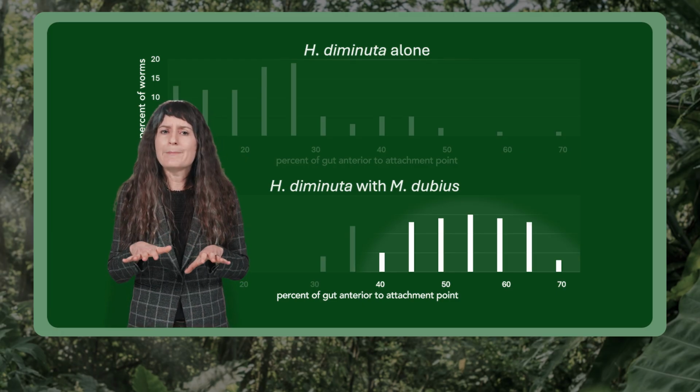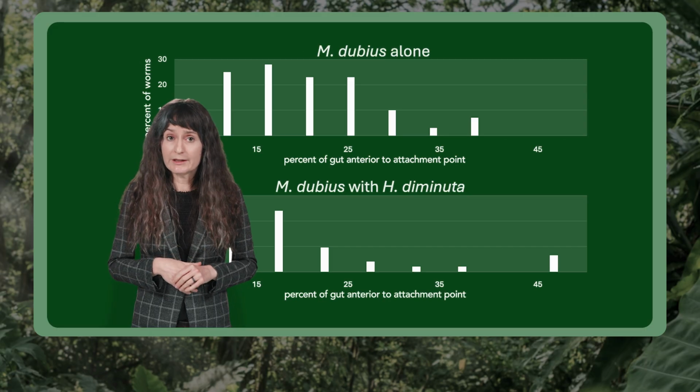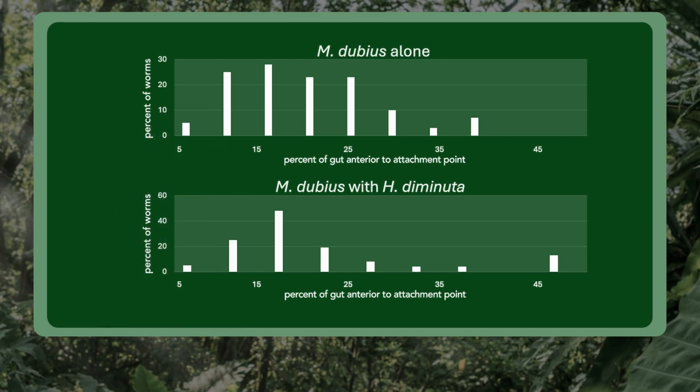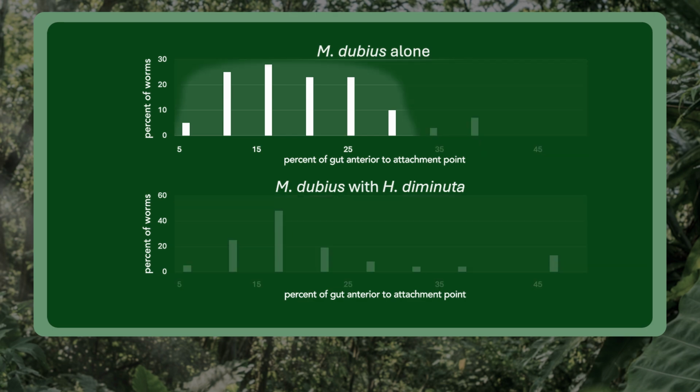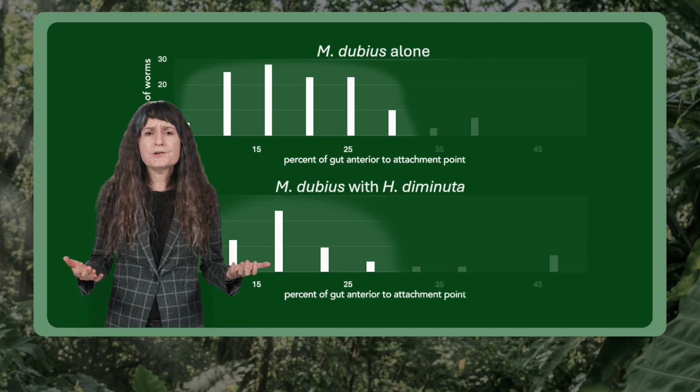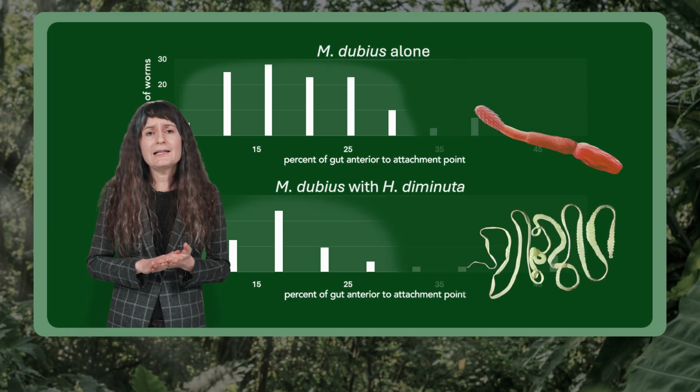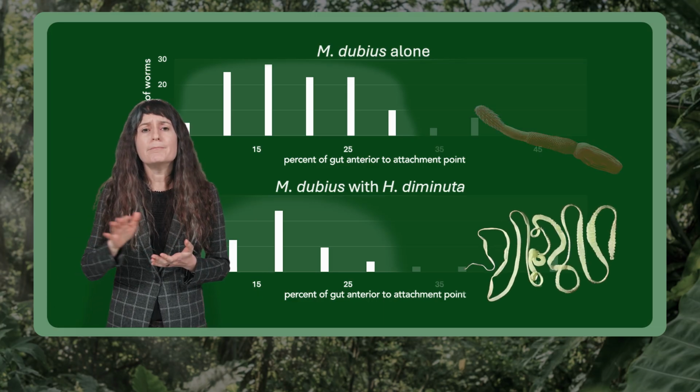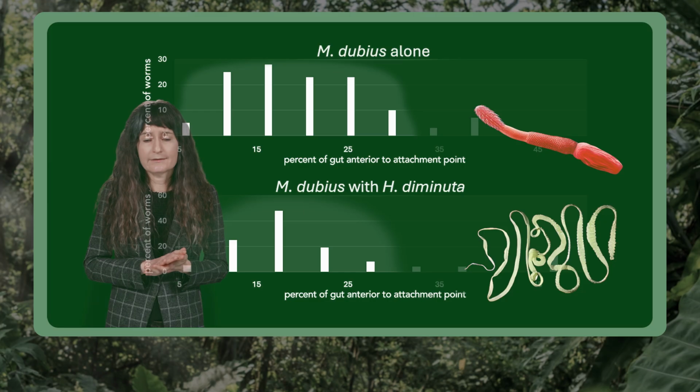Let's see if the same thing happens when we look at Moniliformis dubius. For Moniliformis dubius, we see that when it's grown alone, it also tends to attach in the anterior portion of the gut. And that's also the same thing that happens when it's grown in a double infection with Hymenolepis diminuta. So when we grow these two species together, Hymenolepis diminuta moves, but Moniliformis dubius doesn't.